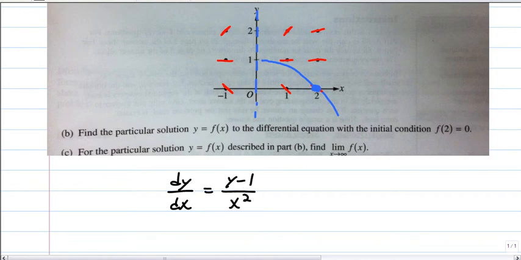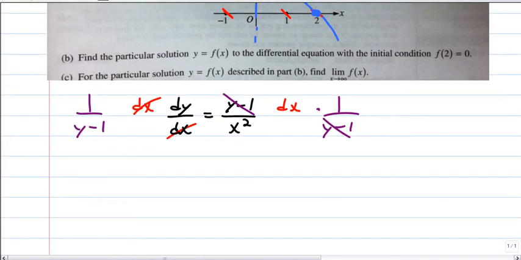I'm going to multiply by dx on both sides, and then divide both sides by (y minus 1), or multiply by 1 over (y minus 1).